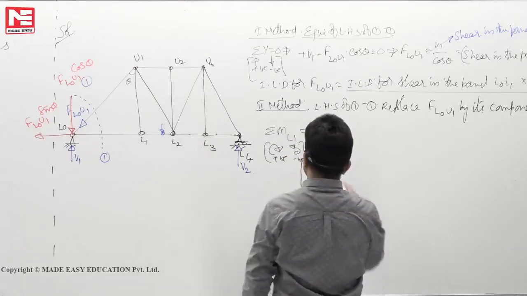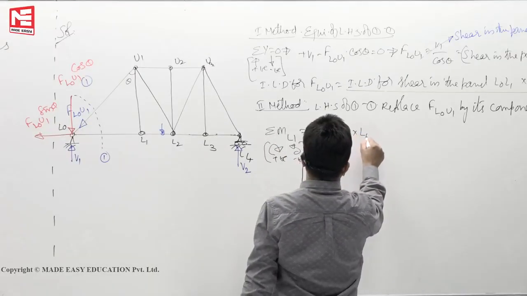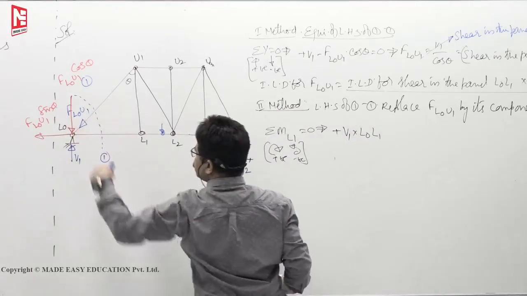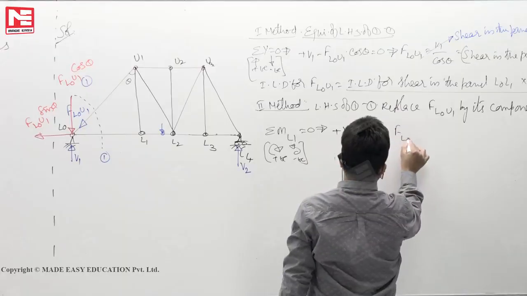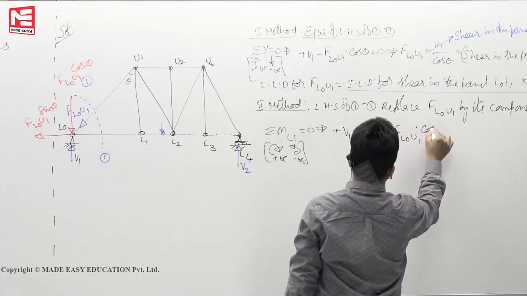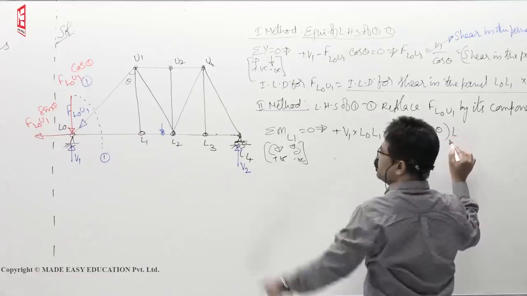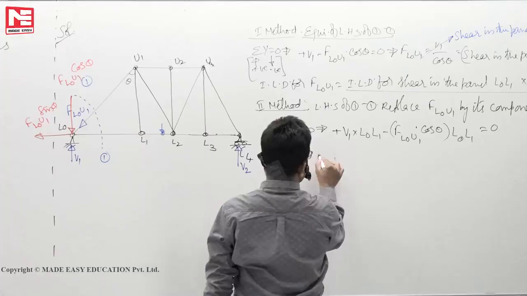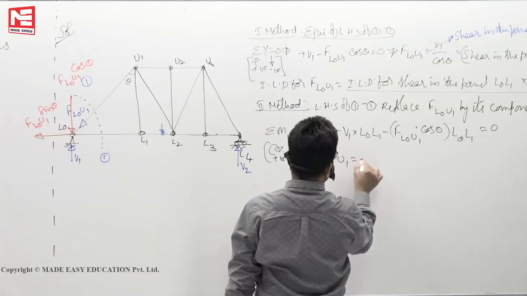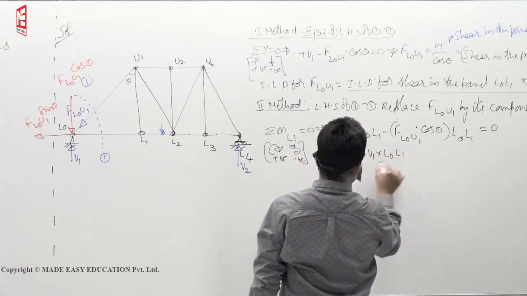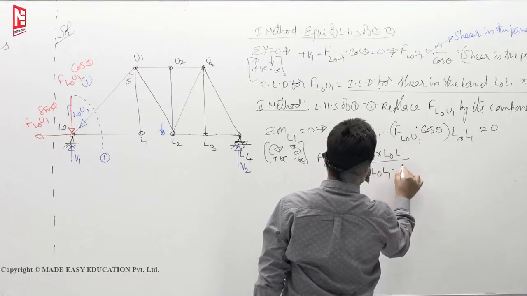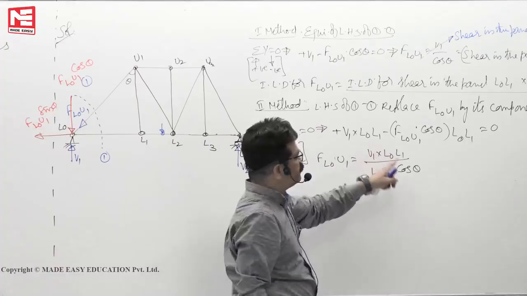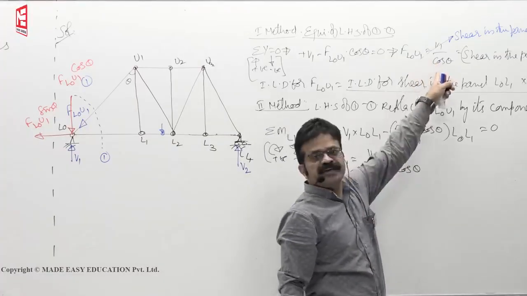So plus V1 into L0 L1 minus, this will give 0 moment about L1, only this will give, minus F L0 U1 cos theta into perpendicular distance L0 L1, must be 0. So F L0 U1 is equal to V1 into L0 L1 by L0 L1 into cos theta. L0 L1 cancels out, V1 by cos theta, same as V1 by cos theta.